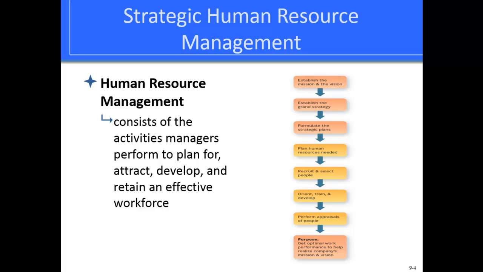Okay, we will first define what human resource management is, because this part of the chapter is over human resource management and the essence of managing the organization's most important resource, and that is the humans that are part of that organization. So HR management consists of the activities managers perform to plan for, attract, develop, and retain an effective workforce.